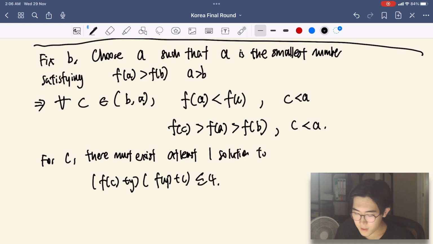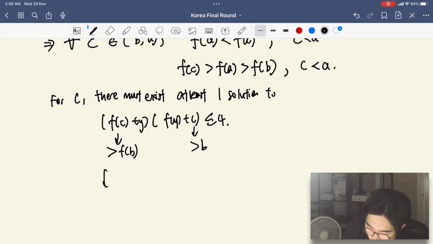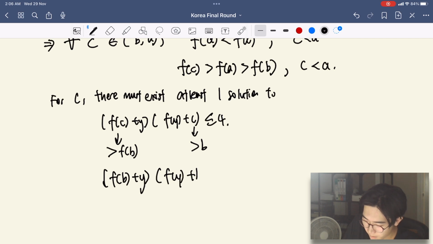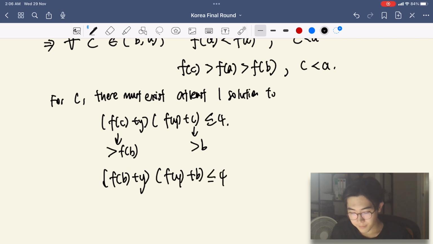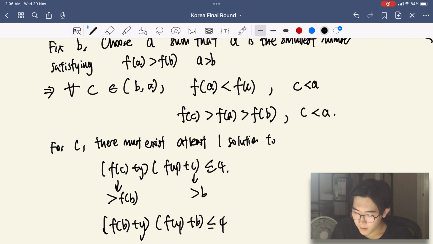But for this solution, we note that this is larger than f(B), and at the same time c is larger than B, which means that (f(B) plus y) times (f(y) plus B) is less than or equal to 4. So we have established the fact that if there's a solution for a fixed c, it is also a solution for a fixed B.